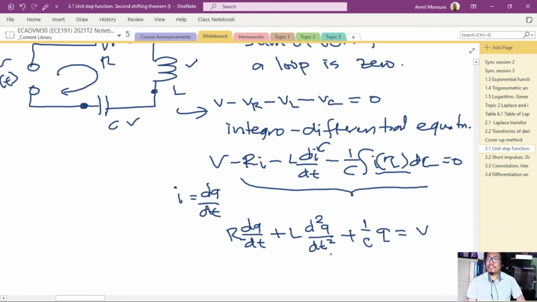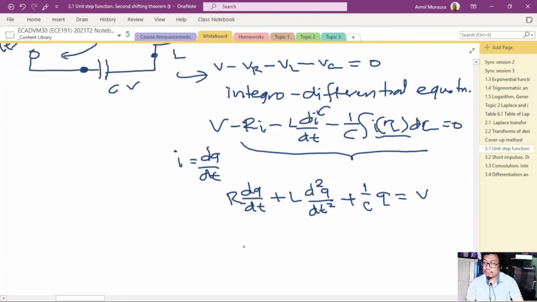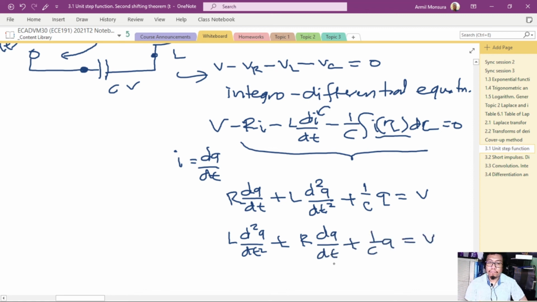Rearranging this so that it becomes a proper differential equation: L d²q over dt² plus R dq over dt plus 1 over C q equals V. This is one way of solving this kind of problem, if it appears that you have a differential and an integral in the same problem.